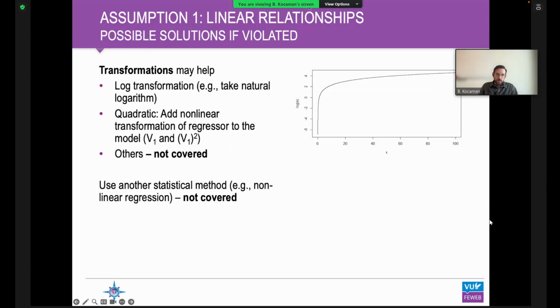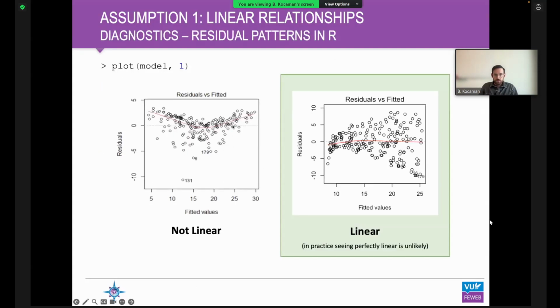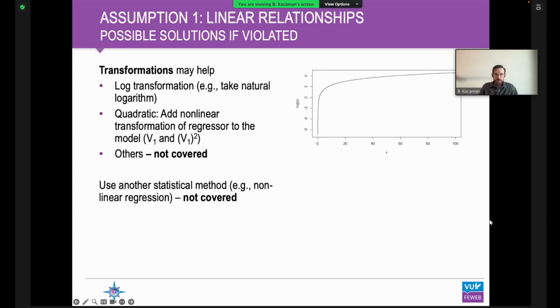If you actually violate this assumption, so if you conclude that the relationship is nonlinear, then using transformations may help. For instance, two very famous ones are the log transformation and the quadratic transformation. We will see these.